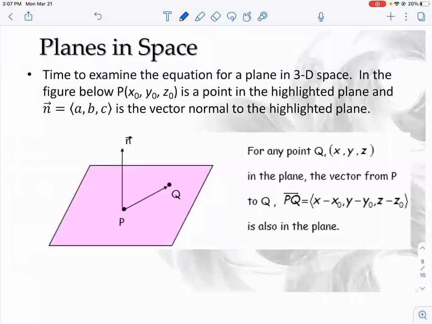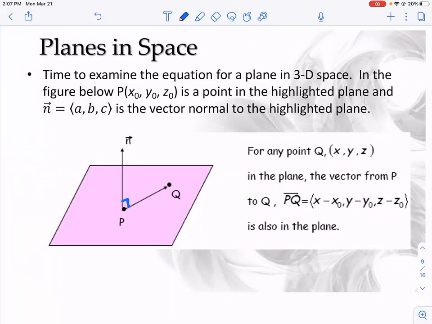Don't write this yet. Okay, so here I have point P in our plane, and N is the normal vector. What does normal mean? Yes. Okay, so this is perpendicular, and let's just make Q (x, y, z).